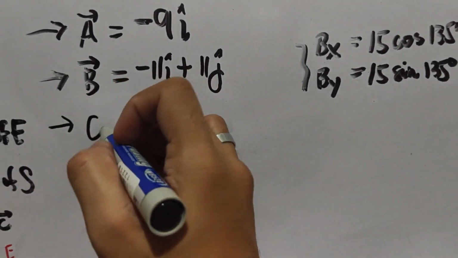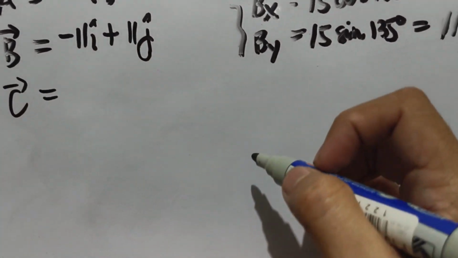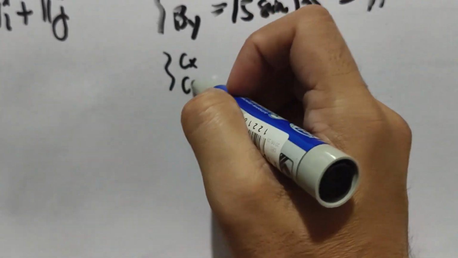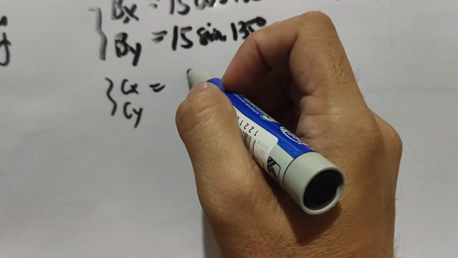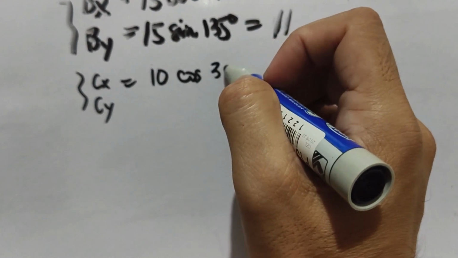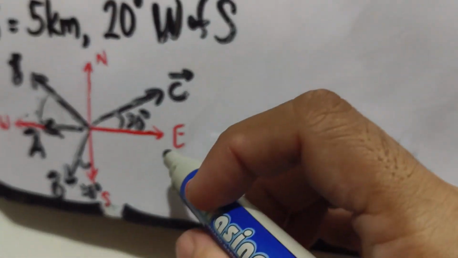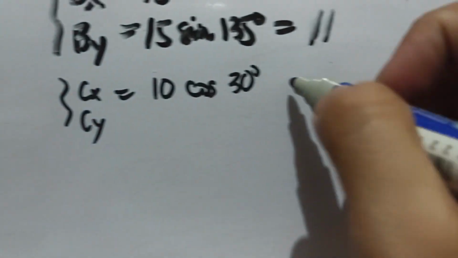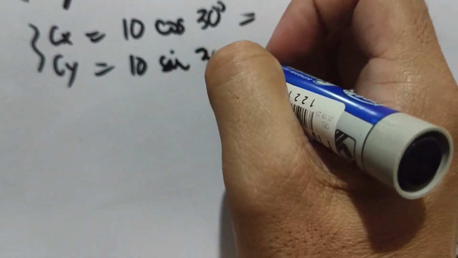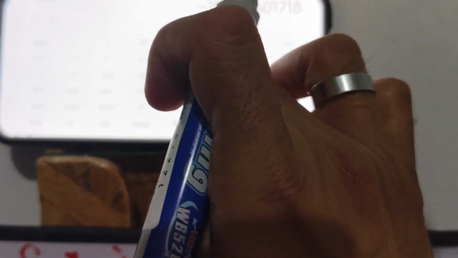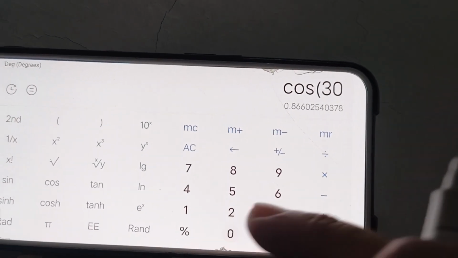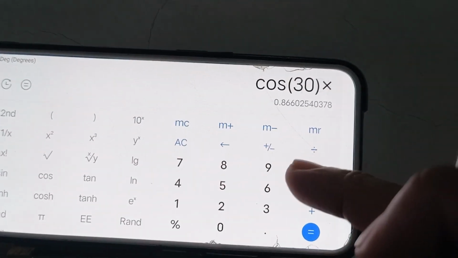Next, for vector C, in the same manner, we need to know the components Cx and Cy. So we have 10 cosine of 30, since the angle comes from the positive x, and the y component is 10 sine of 30. So let's calculate. Cosine 30 times 10.